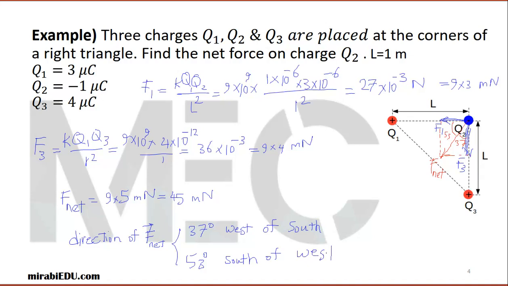So this is the direction of the net force, and we found the magnitude of the net force. So again, in this problem we applied superposition of electrostatic forces. We took the forces one by one and added the resultant vectors.